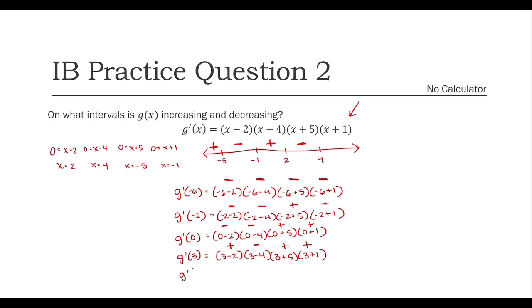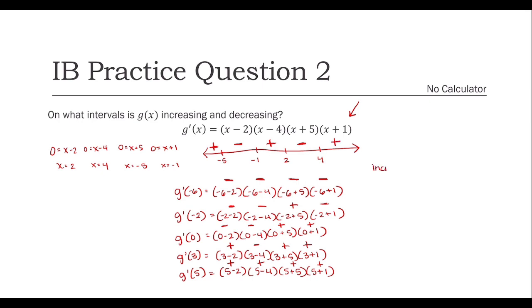Finally, we'll do g prime of 5 for our last section. So we have 5 minus 2, 5 minus 4, 5 plus 5, and 5 plus 1, which is a positive, positive, positive, and positive. So that last section will be increasing.